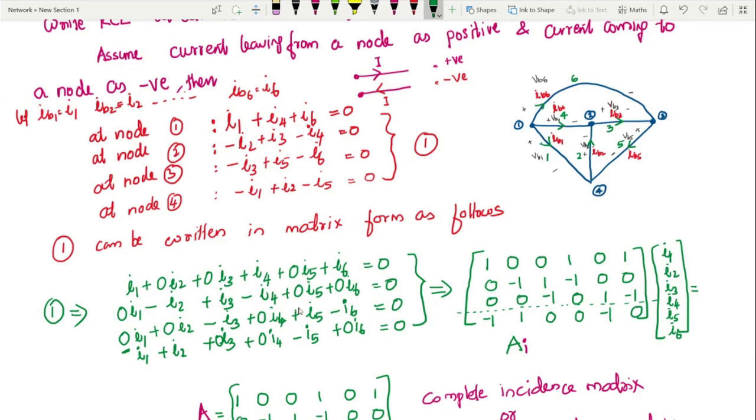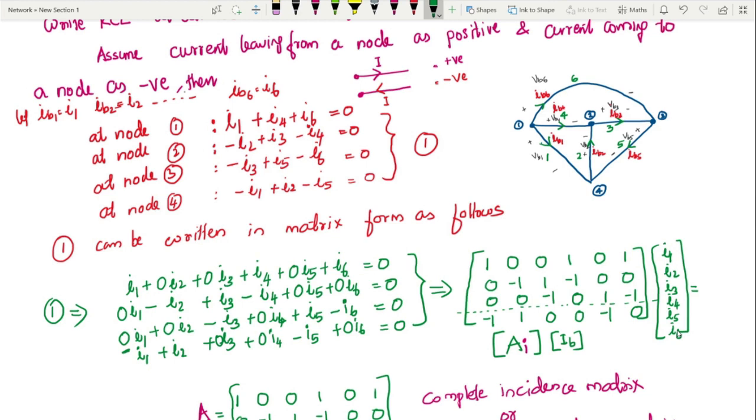The coefficients of these equations give a matrix, and that matrix is known as the complete incidence matrix AI. This vector is the branch current vector. So we represent this matrix as AI and this current vector as IB, the branch current vector.